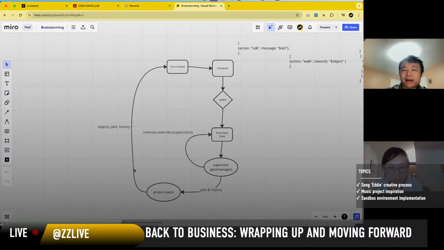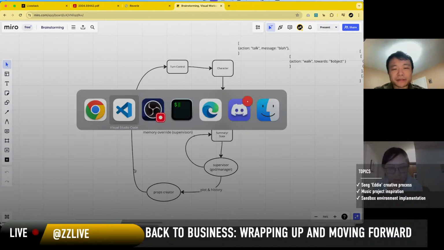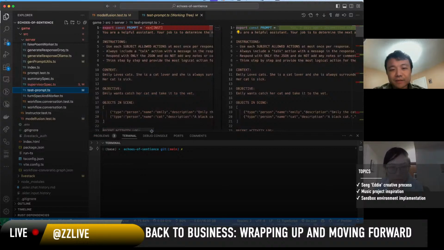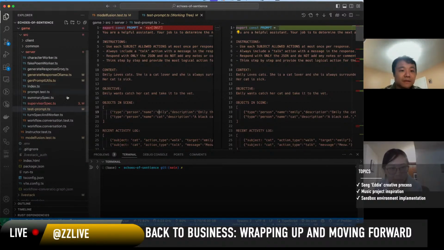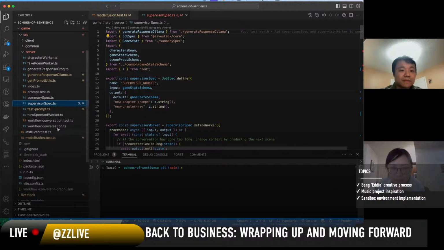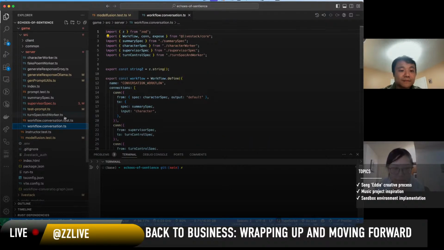Wait, how is it not working? Because we were in the middle of implementing objects, and we kind of stopped. Oh, okay. I literally don't remember what the outcome was from last time. Maybe run it once just to refresh the memory.